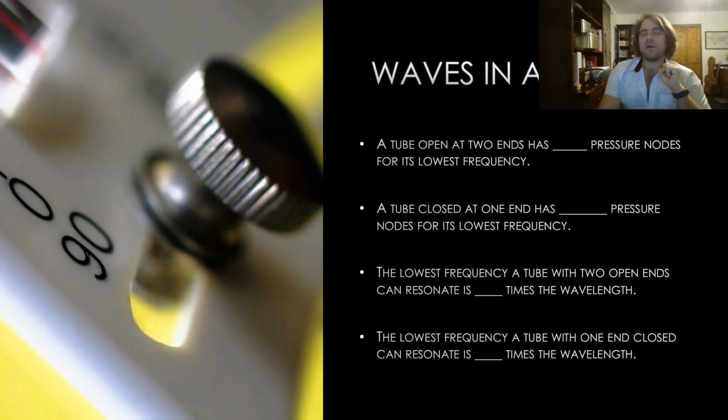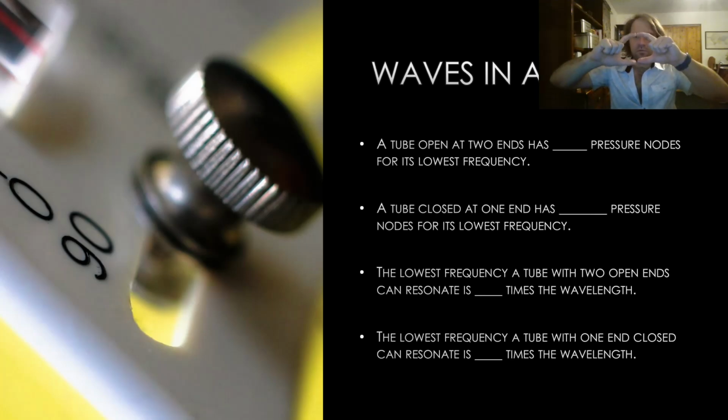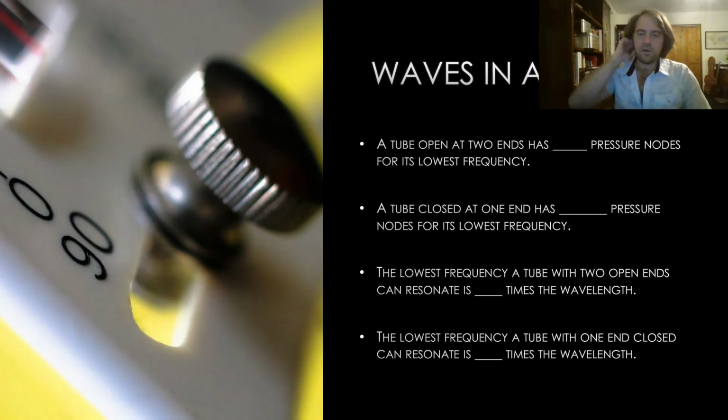Okay, now we're going to continue on with tubes, looking at waves in a tube. A tube open at 2 ends has how many pressure nodes for its lowest frequency? Imagine that drawing of the little tube. How many pressure nodes inside that tube are there for a tube open at both ends?